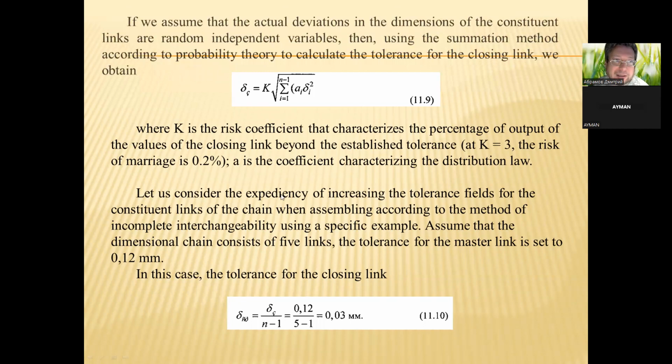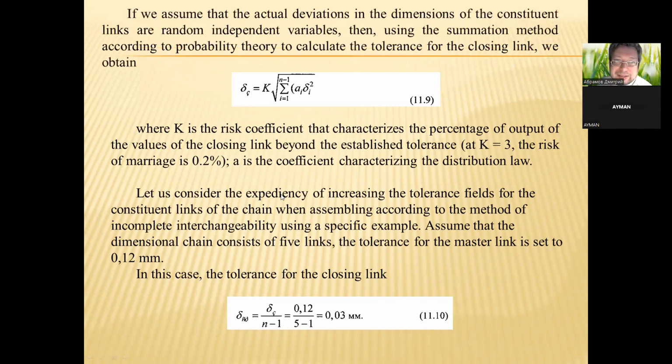If we assume that the actual deviations in the dimensions of the constituent links are random independent variables, then using the summation method according to probability theory to calculate the tolerance for the closing link, we obtain the formula 11.9.